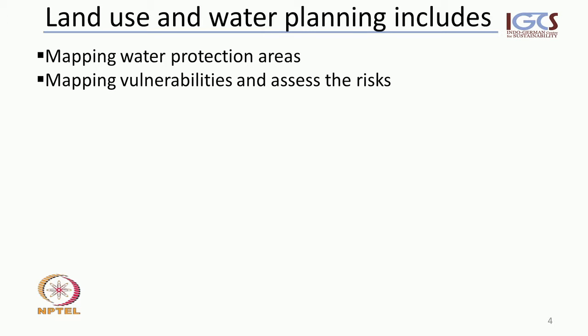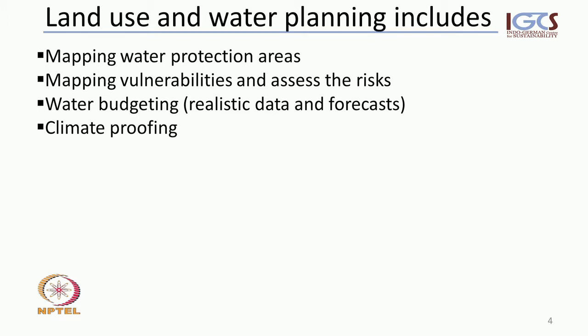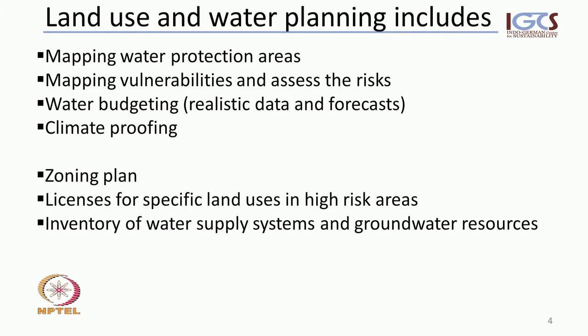Land use and water planning includes the mapping of protection areas, water protection areas, and we will be talking about this next time. Mapping of vulnerabilities and the assessment of risks, that's what we will be discussing right now. The water budgeting should be based on realistic data and realistic forecasts, and climate proofing.